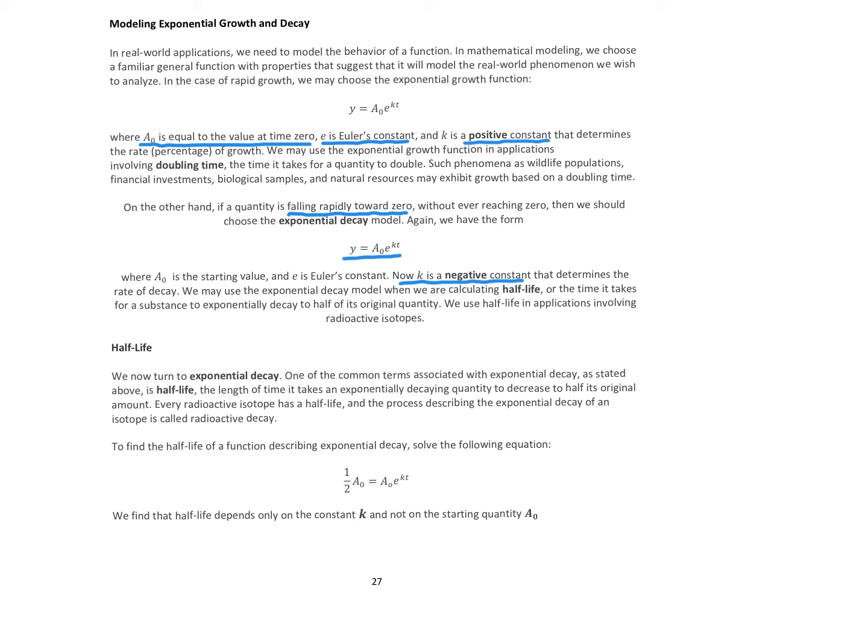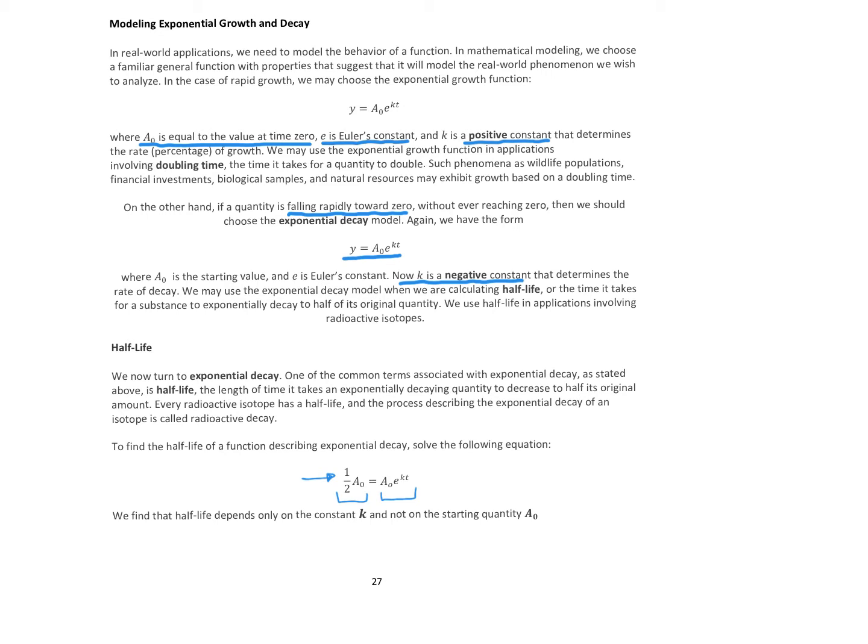So, to find the half-life of a function describing exponential decay, we solve the following equation. We have 1/2 a sub 0 equals a sub 0 e to the kt. The reason for this is that the expression on the left says we want half of the initial amount.